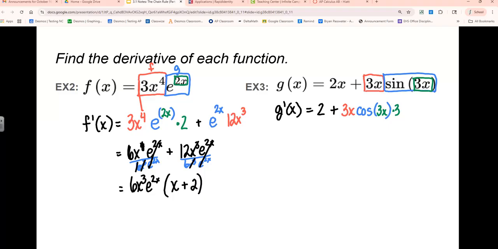Yeah, but we're only halfway, even though it feels like you're done. This is what everybody does wrong, is they just quit because they feel like they've done too much already. So then you've got to do your g of x, which is sine of 3x, times the derivative of the f of x, which is 3, right there.